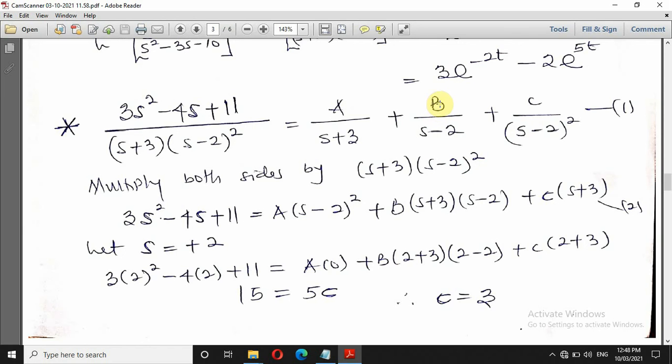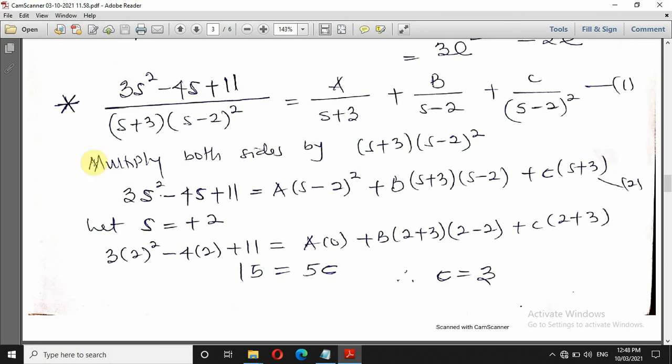What about b? You multiply everything by here, then you now have b multiplied by x plus 3, x minus 2. We take care of one of this, then you have x minus 2. Then here again, you have c into bracket, you multiply by x plus 3, x minus 2 squared. So x minus 2 squared, we cancel this. So what you now have is c multiplied by x plus 3. That's our equation 2.